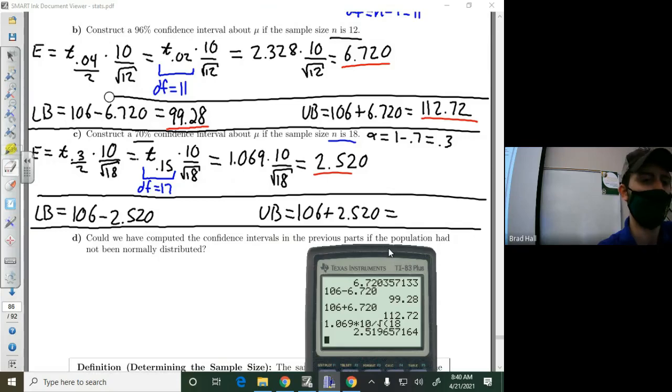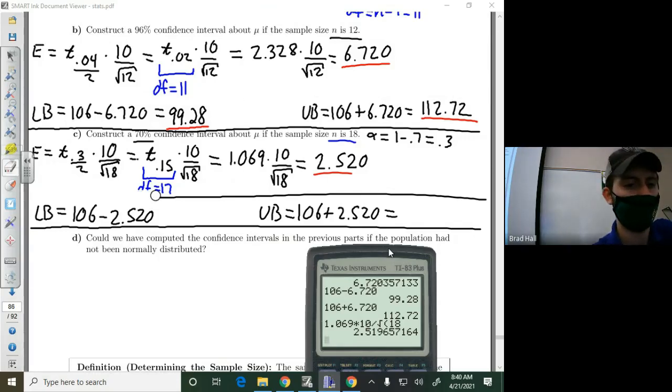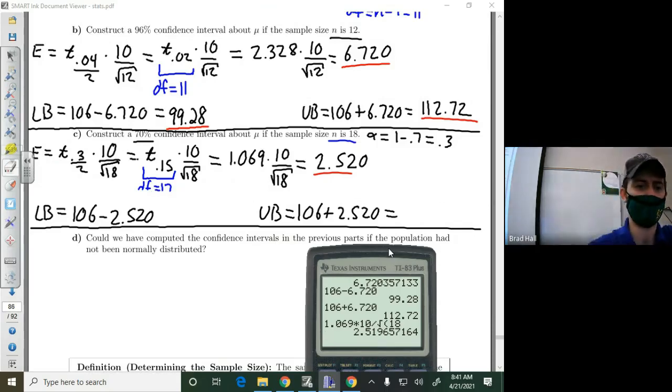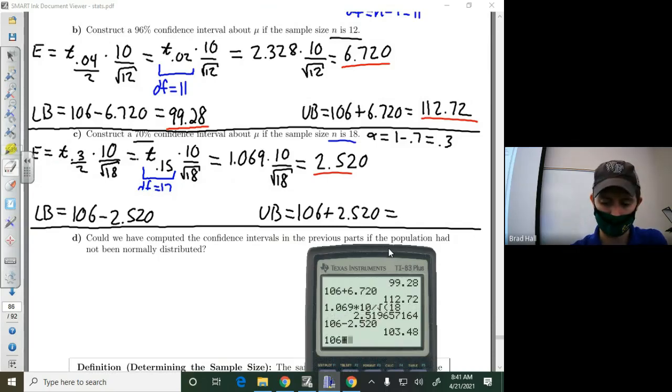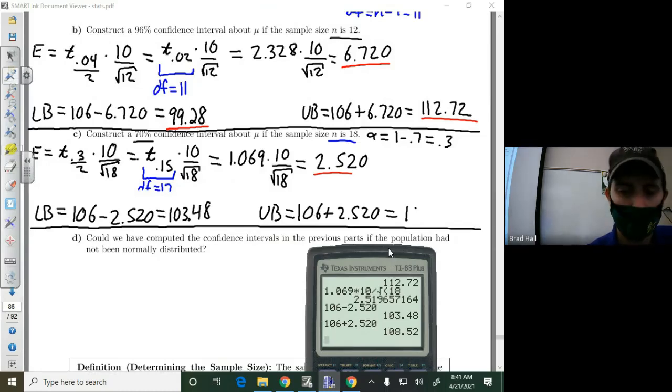Let me fix this up a little bit. There we go. Okay, so let's go ahead and figure out these real fast. 106 minus 2.520, 106 plus 2.520. 103.48, 108.52.